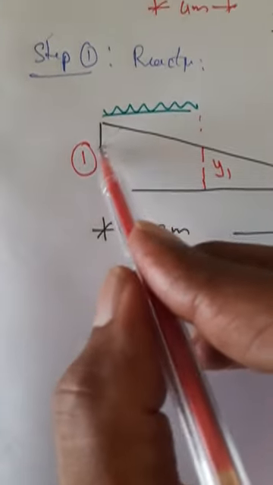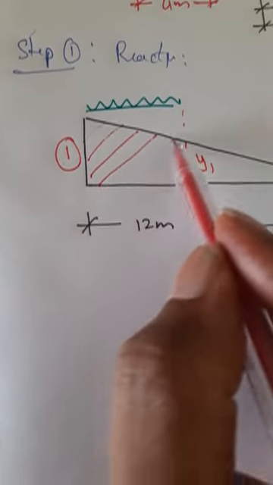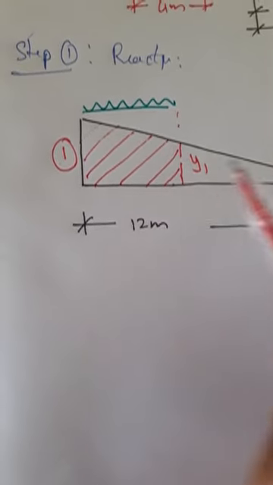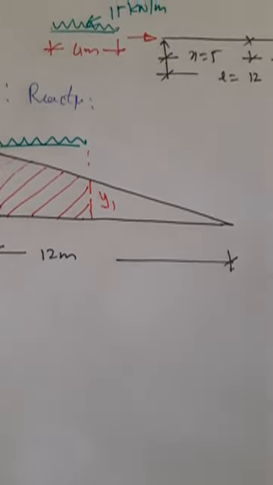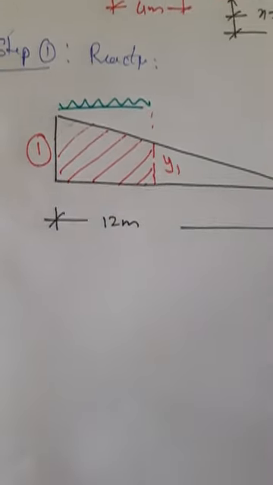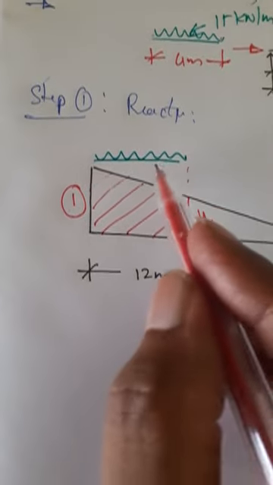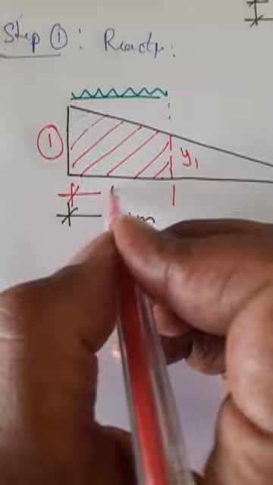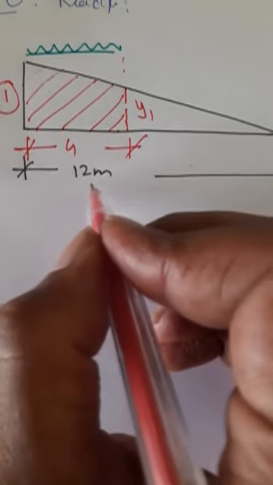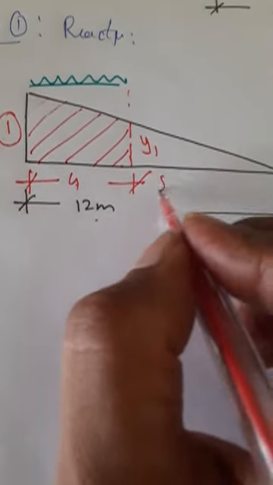Now I need to calculate the area under the load. For that, let us calculate y1 first. Overall is 12, this is 4, so the remaining is 8.